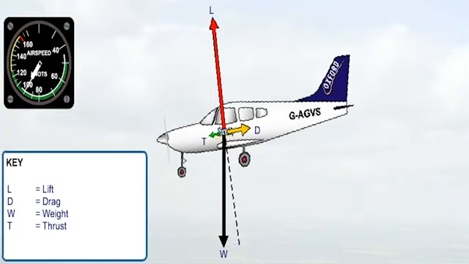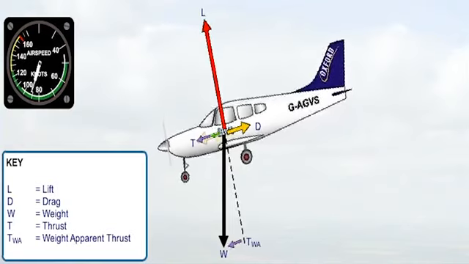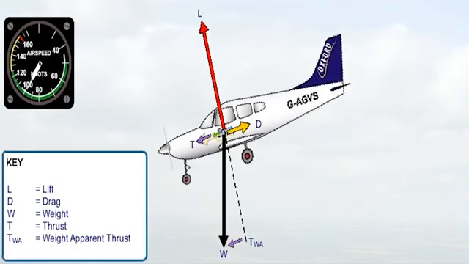The aircraft will thus maintain 100 knots while descending at a certain constant angle of descent. The component of weight acting along the aircraft's new descending flight path is sometimes referred to as weight apparent thrust. If thrust were reduced even more, then more weight apparent thrust is needed to balance drag and maintain the speed. Thus the nose must be lowered even more, which will increase both angle and rate of descent.